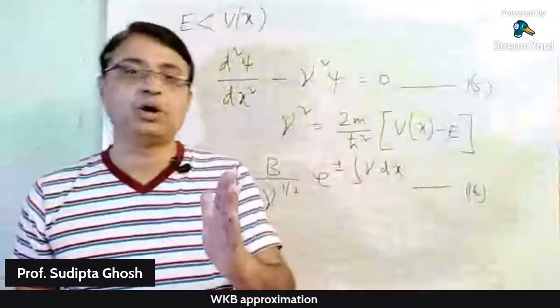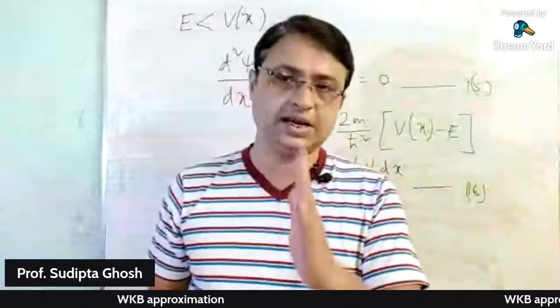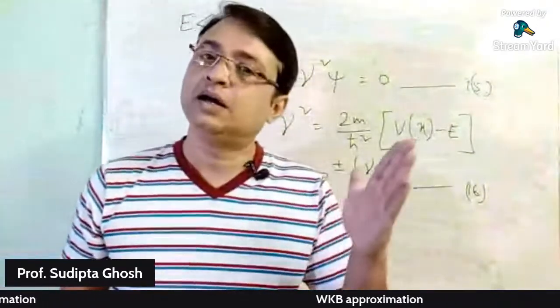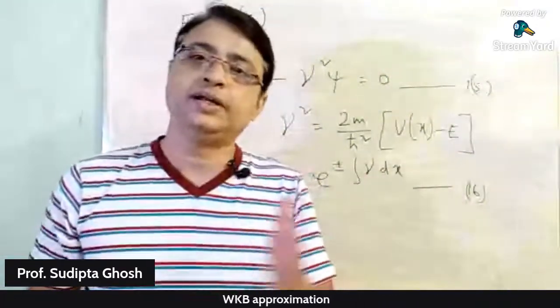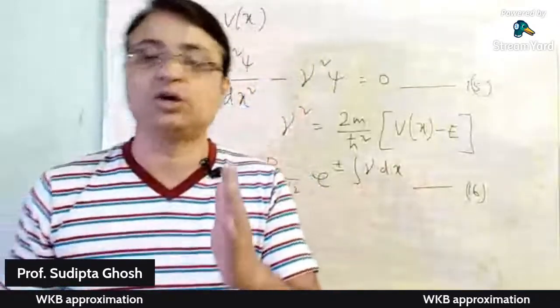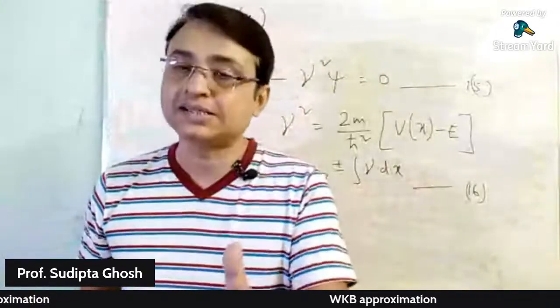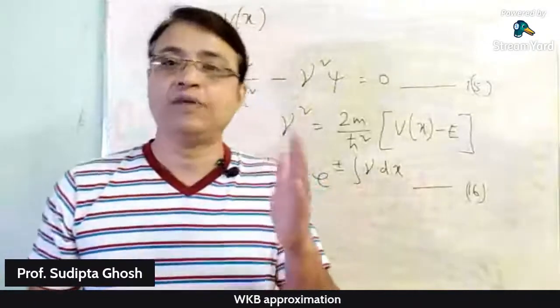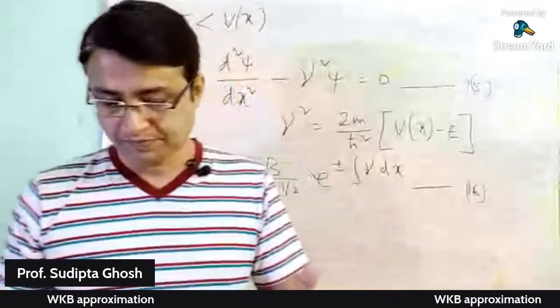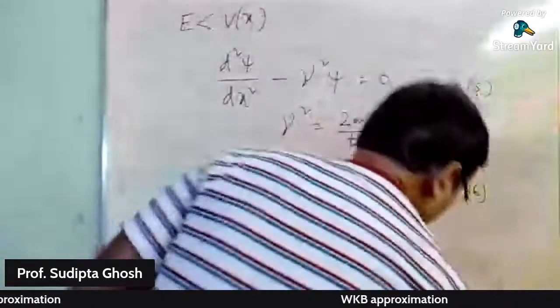That is the important part of this connection formula: the particle should move in two regions, with an interface, a classical turning point, where E equals the potential V(x).